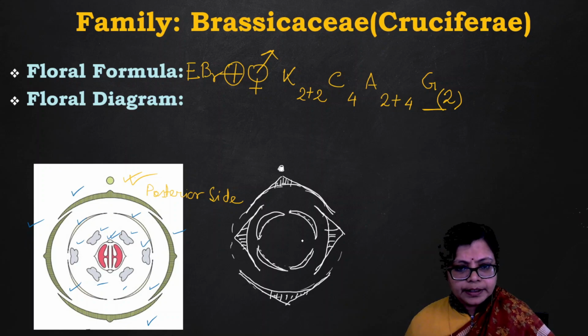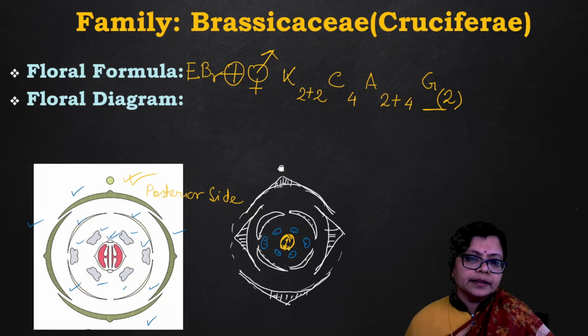Okay. Then androecium, outer side, how many? 2 that are shorter. Inner side, how many? 4 with long filaments. And then inner to it is the gynoecium, false replum with parietal placentation.